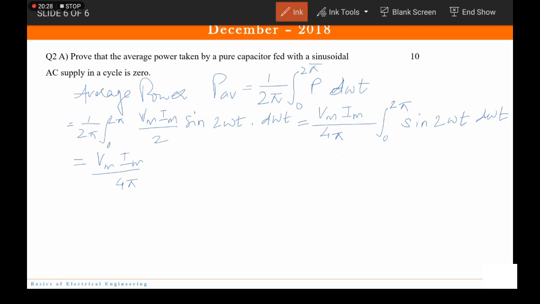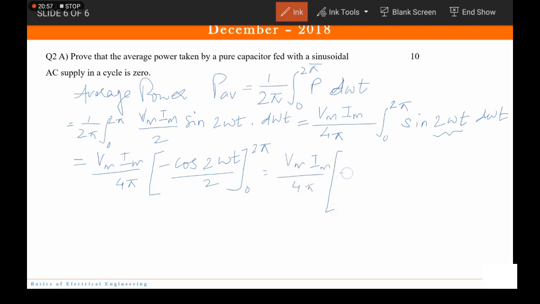It is minus cos theta, but here it is not theta, it is twice omega t, right? So we have to differentiate it in the denominator, correct? So it will be minus cos 2 omega t by 2 with limit 0 to 2 pi. Correct? So further, let us solve this.